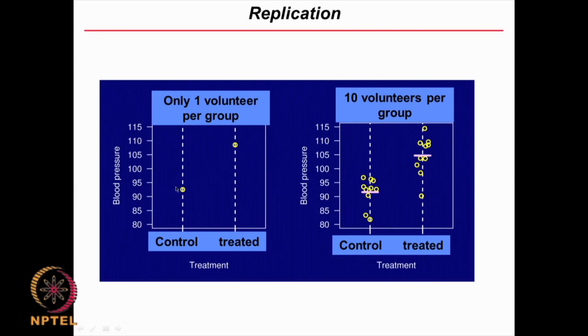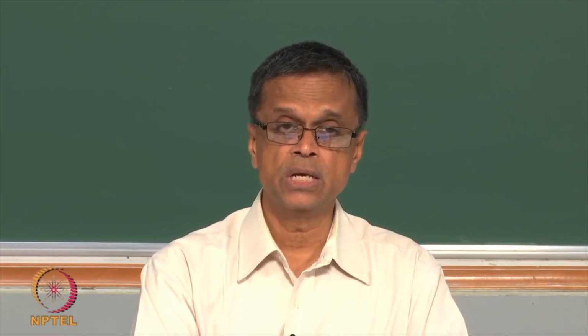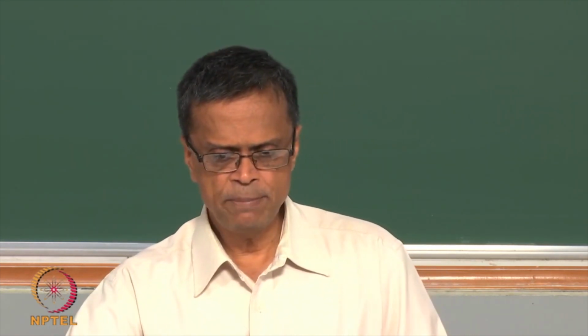So, replication of experiments is extremely crucial, and I also showed you before that when you do not have replication, it becomes very difficult to understand error sum of squares, or even sometimes it is very difficult to understand confounding or interactions.